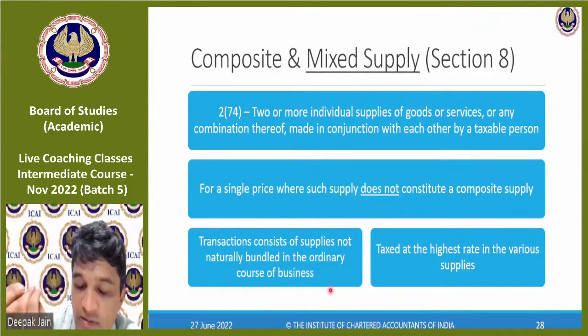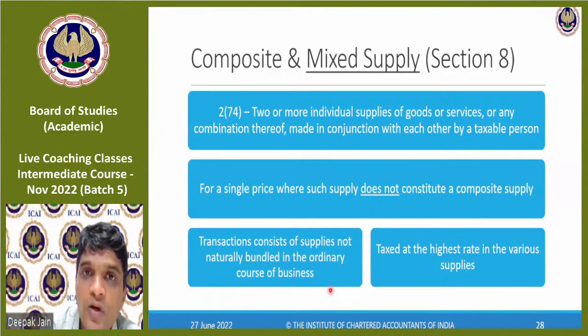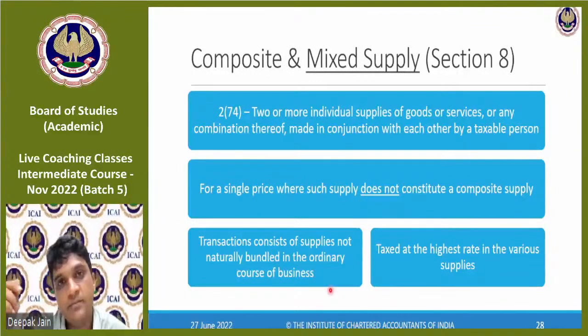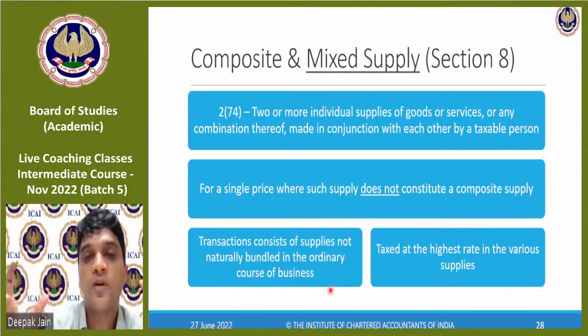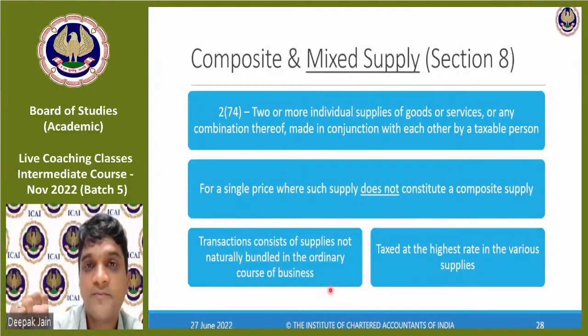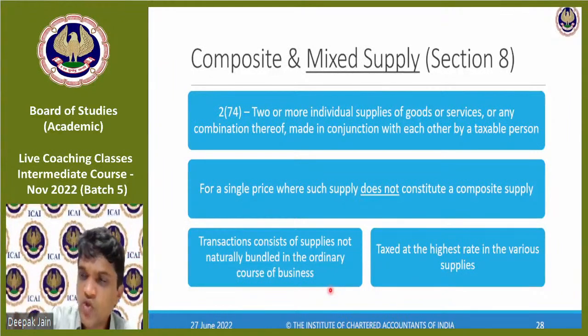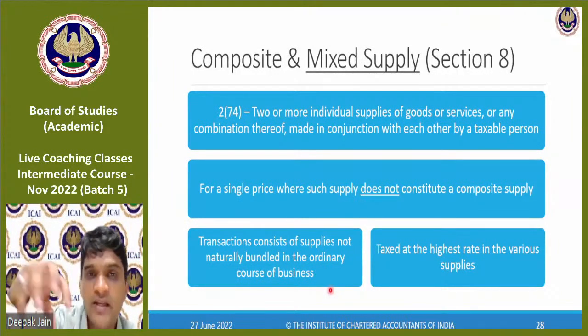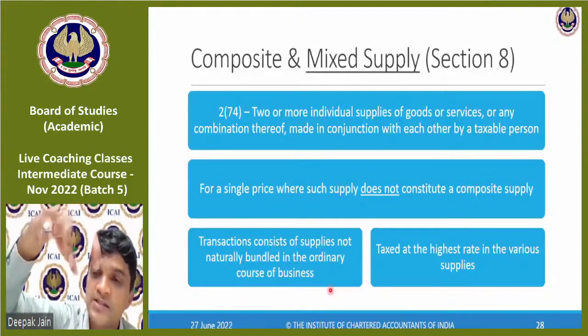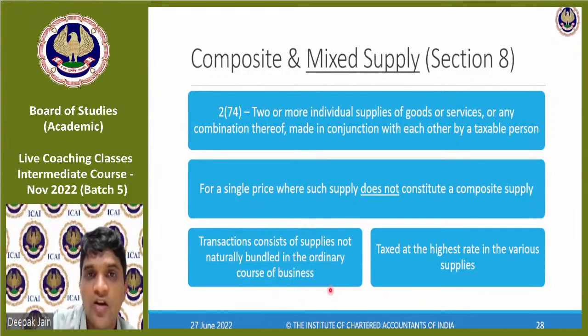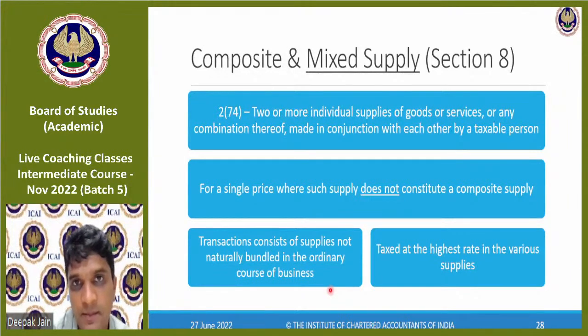Like a famous example: I buy a shampoo, a toothpaste, and a shaving cream. I can buy them individually. Are they naturally bundled? No. But the supplier is making a gift hamper of it and selling it, saying buy three for a special price. So it's a mixed supply. In mixed supply, what is the GST rate? In composite supply, we saw the rate of the principal supply applies. But mixed supply is not a composite supply, which means there is no principal supply.